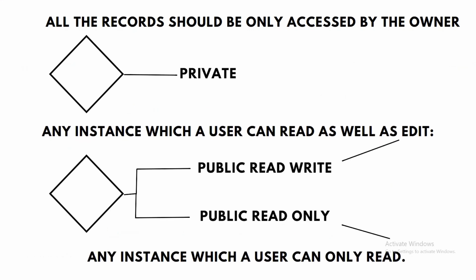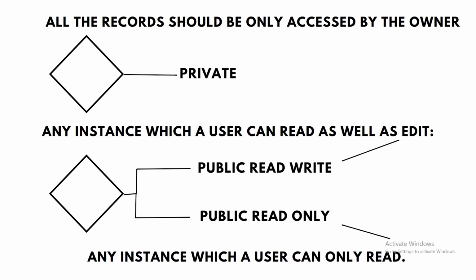So basically, this is a basic map from which you can understand. Like if anyone asks that there are multiple users, and the records of a user should only be accessed by the owner, not by any other person, what can we set the OWD to?